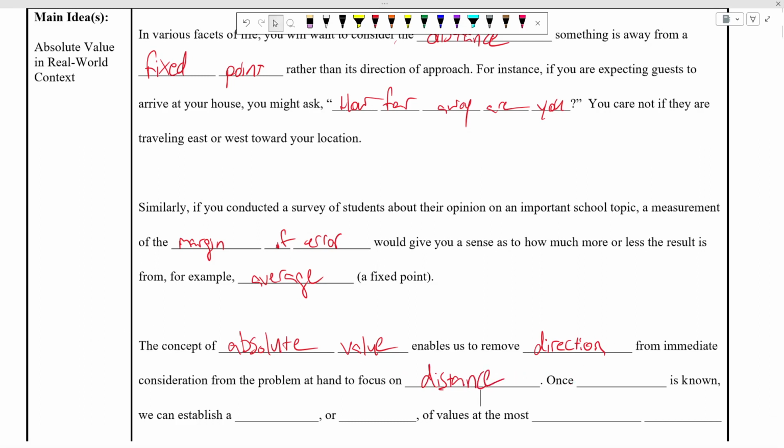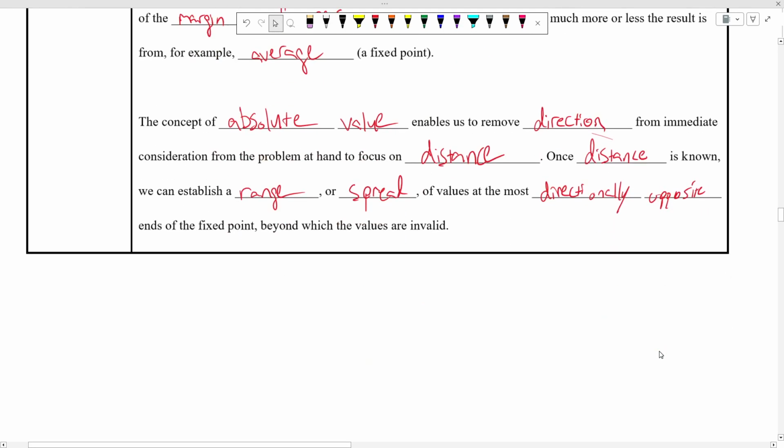And you see, once distance is known, we can then establish a range or a spread of values at the most directionally opposite ends of the fixed point, beyond which the values are invalid.